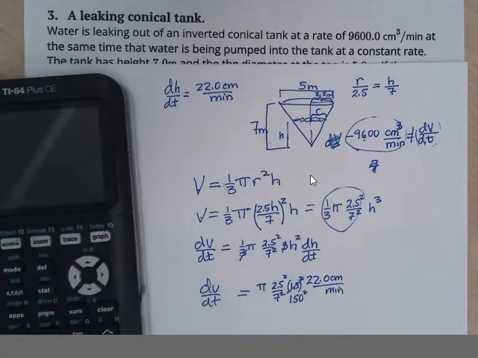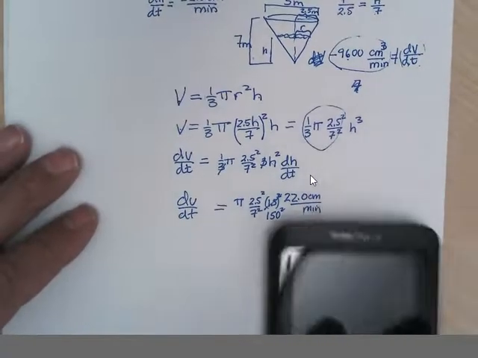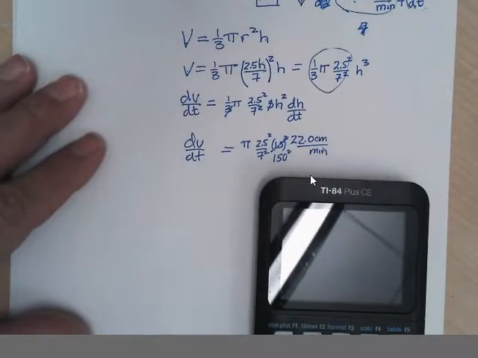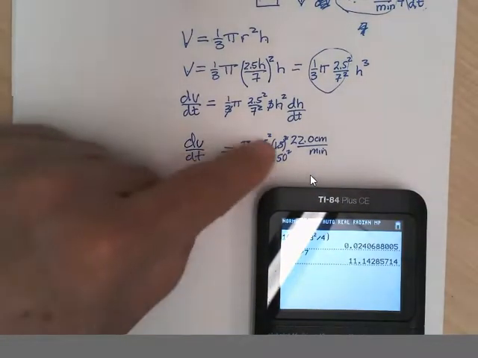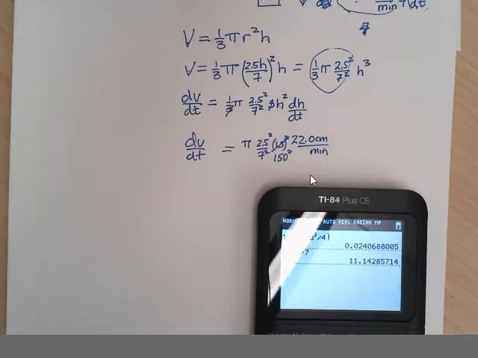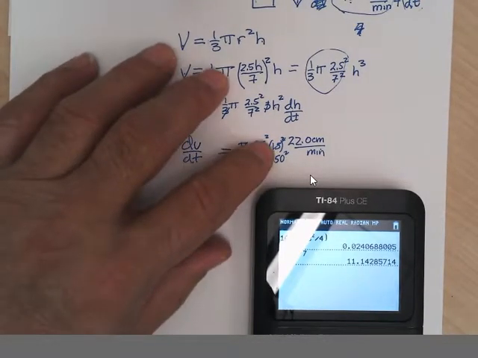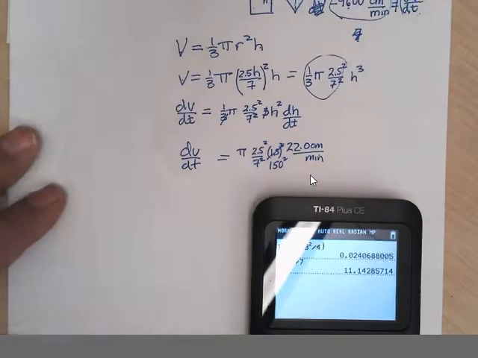So, working that out, sorry I had that off the screen there. It was 1.5 meters for the height, and we need to have it in centimeters, so we had to multiply the 1.5 times 100.